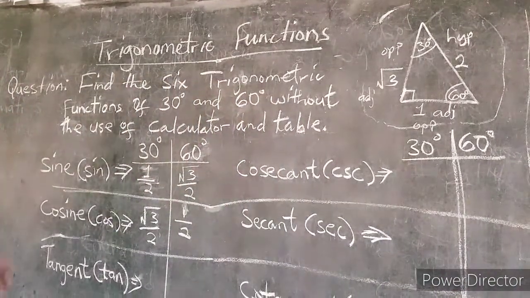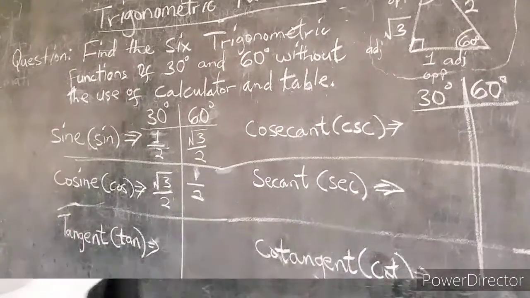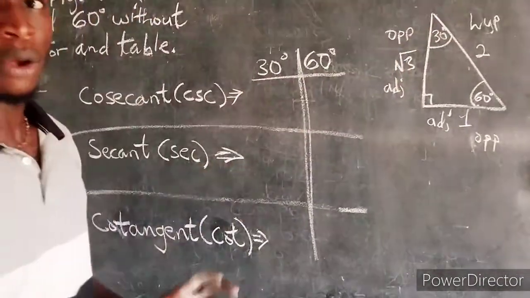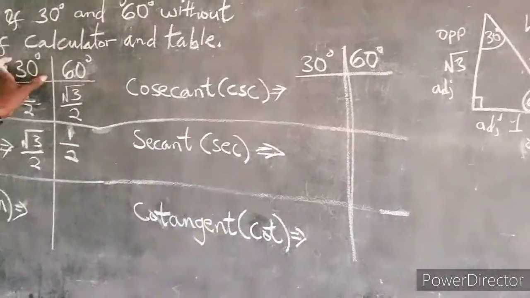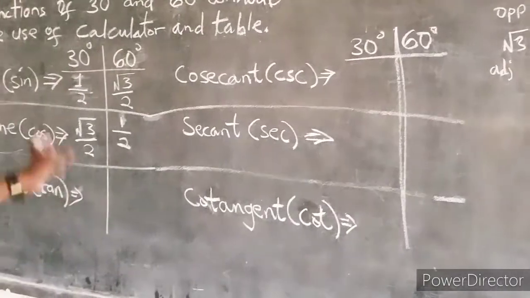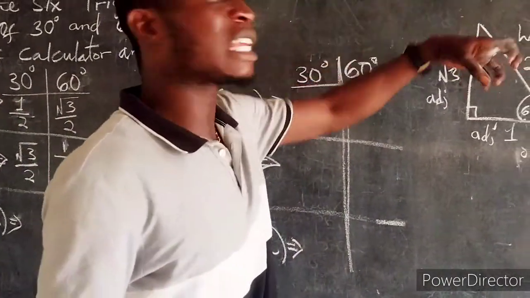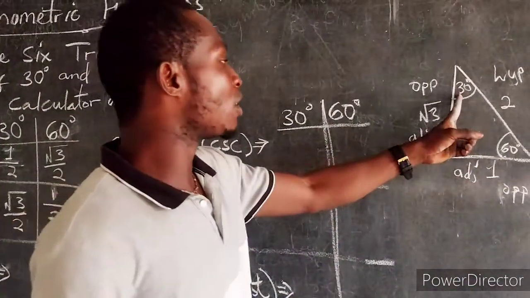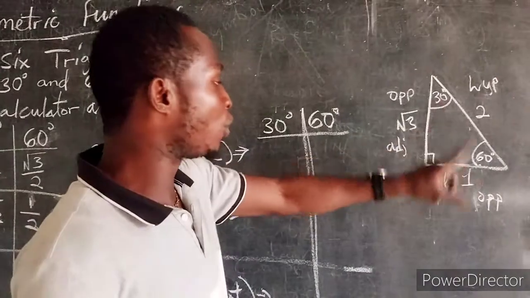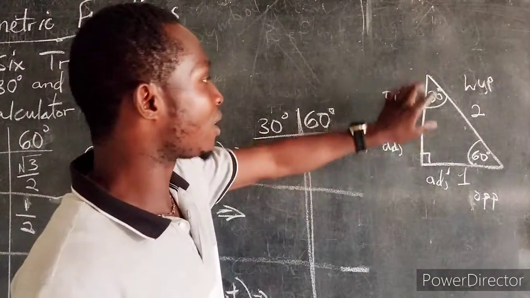Alright. After we are done with this, now we can go to tangent. This diagram is very simple. Tangent of 30 degree is the opposite over the adjacent. For 30 degree, the opposite is 1, and the adjacent is the side touching 30 degrees.